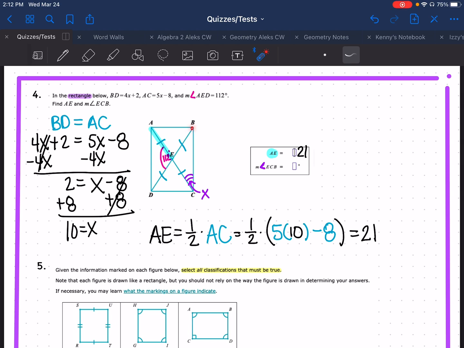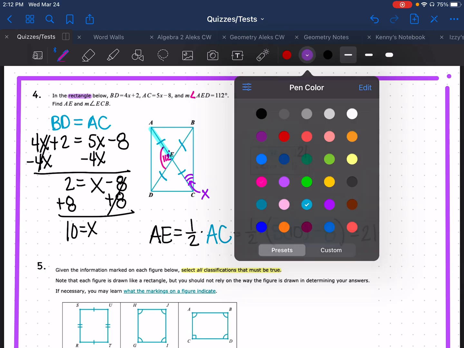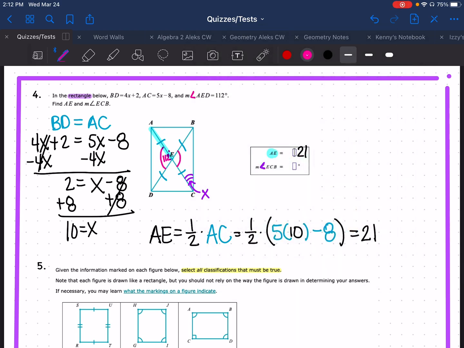I also know that this triangle where the purple angle is an isosceles triangle, which means this angle here is the same as this angle there. The other thing that I know is that this angle here at E is also 112 degrees because they are vertical angles, right? They share that point right here in the center, so that makes them congruent.